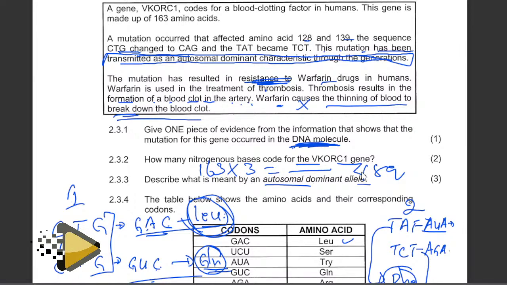Therefore, you talk about the resistance, and then you talk about the formation of the blood clot in the artery. Therefore, these clots will not be broken down because of the resistance which has been developed. So basically, the answer was supposed to be obtained from there.